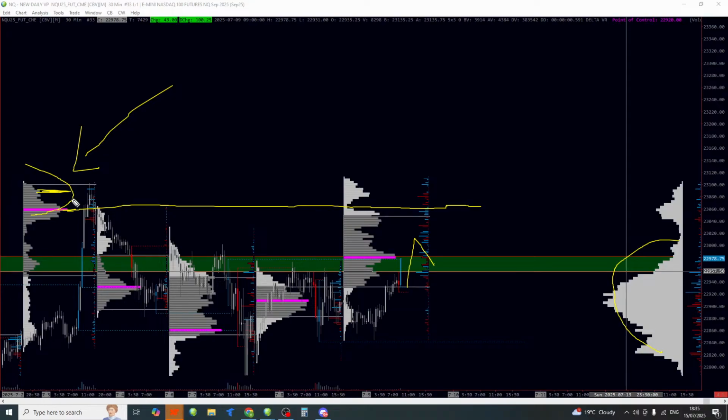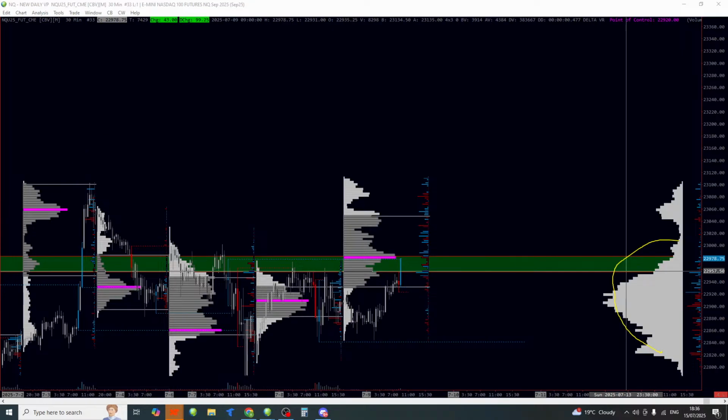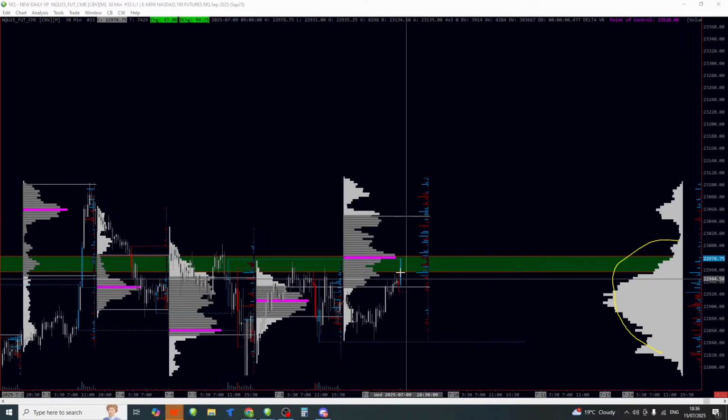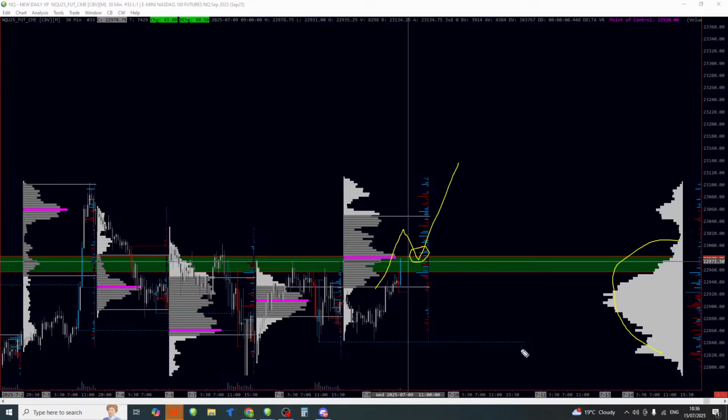So when we go away from a balance, we are going to come back to another area of balance. Very simple. Now, this was just before the New York session opened. So I'm looking now for a very simple trade up here to go long, and I want to take my entries from somewhere in here.